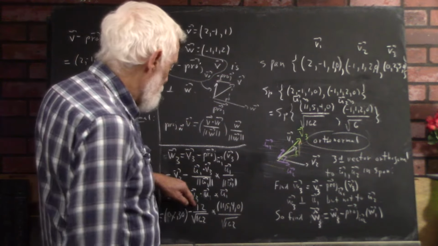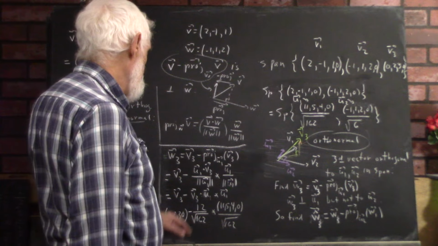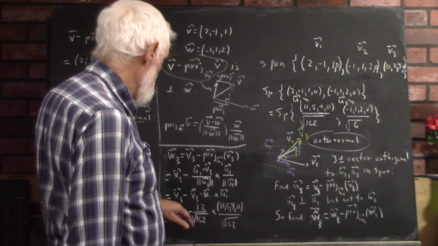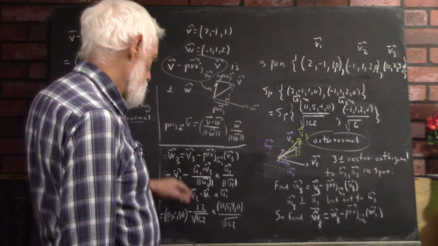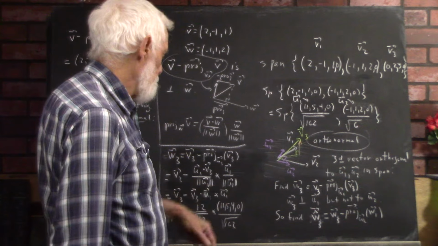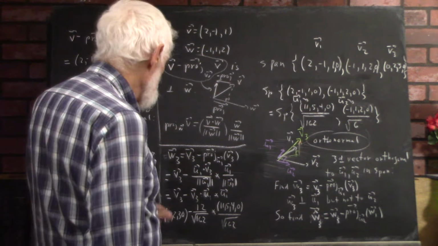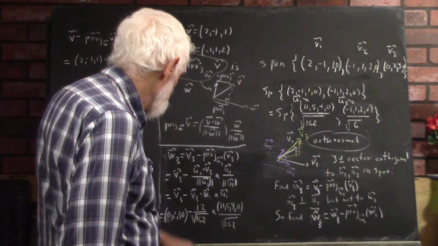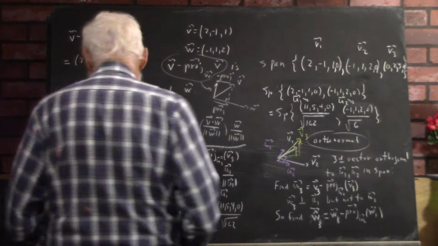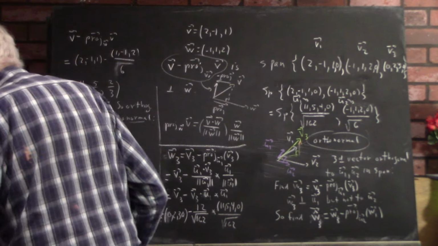Okay, well, this is easy enough to calculate. 12 times 11, 132. Is that right? Yeah. 12 times 5 is 60. 12 times 4 is 48. So we can easily get the numbers here. But I need more room.